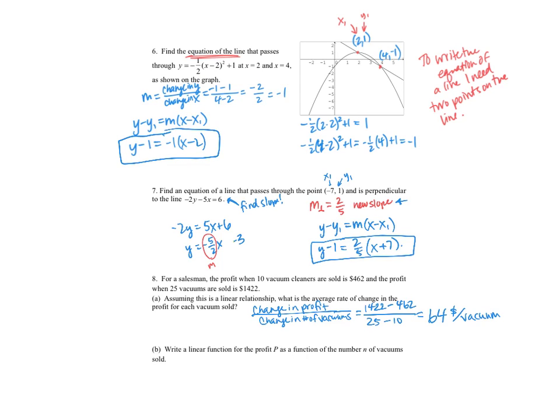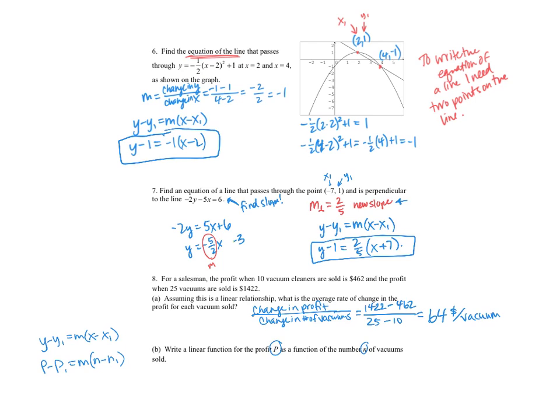So then I want to write a linear function for profit as a function of the number of vacuums. Again, I'm going to use point slope form. I have y minus y1 equals m times x minus x1, but here I don't have x1 and y1, I have p and n. So I'm going to have p minus p1 equals the rate of change times n minus n1.